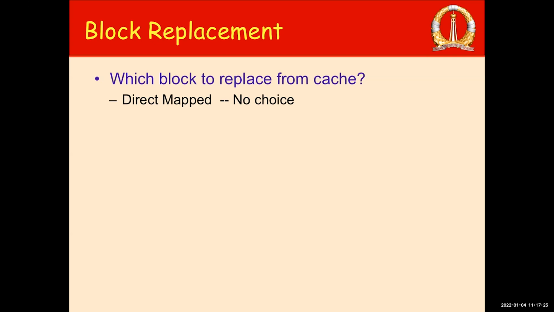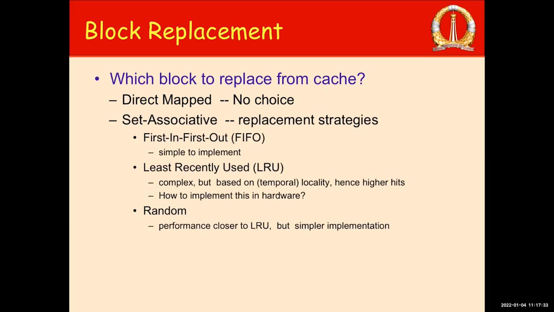If it's a two-way set associative cache or a four-way set associative cache, then one of those locations has to be chosen. And the way in which you can choose is based on either first in, first out order, or the least recently used order, where whichever data has not been used in that set for a long time, you will replace. Or it could even be a random policy, where one of those four locations is chosen randomly.